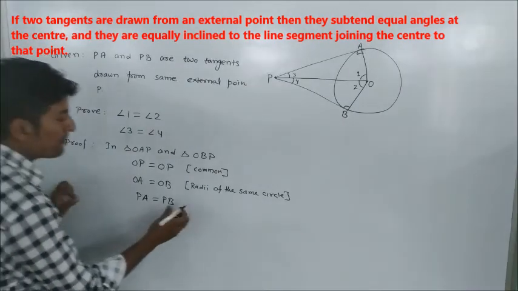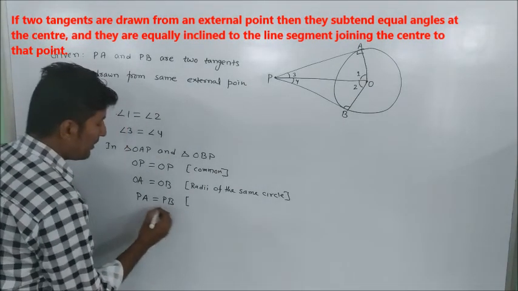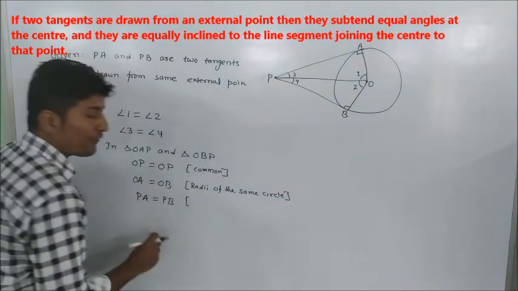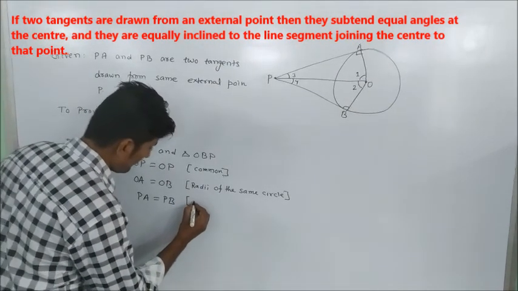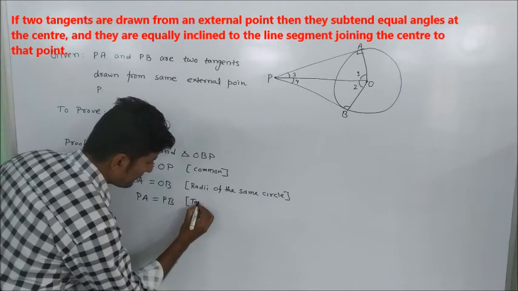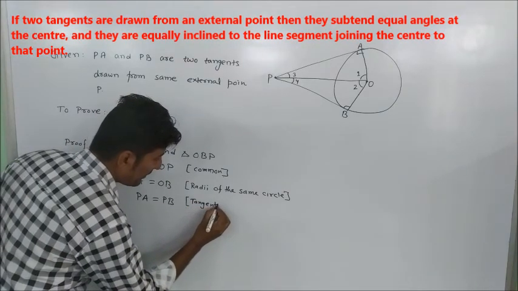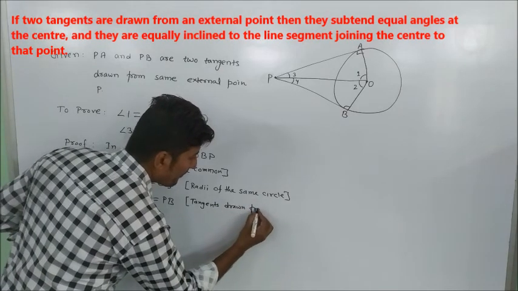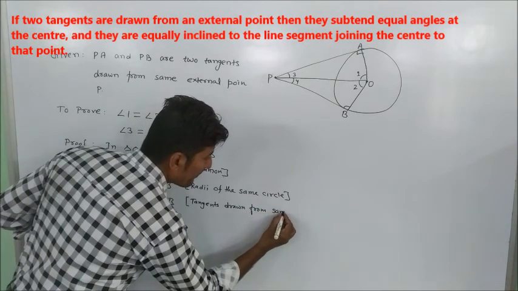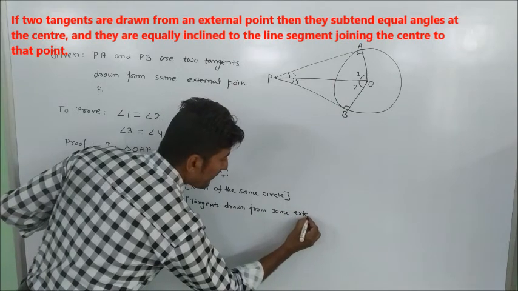So here PA equals PB. Here we can write the reason: length of tangents drawn from the same external point are equal.